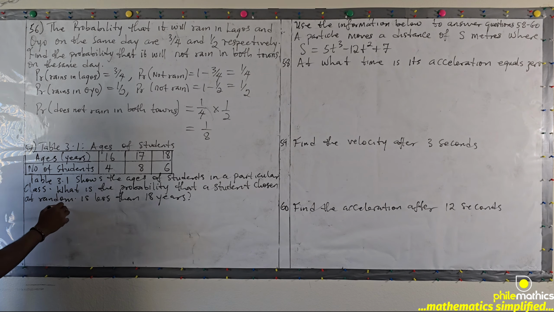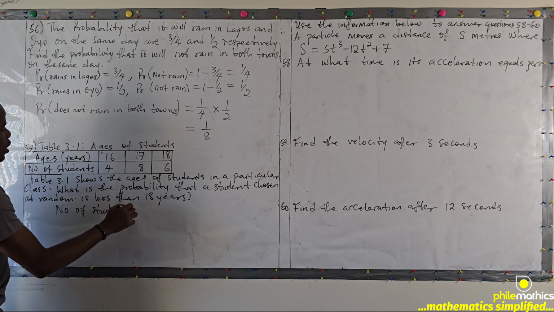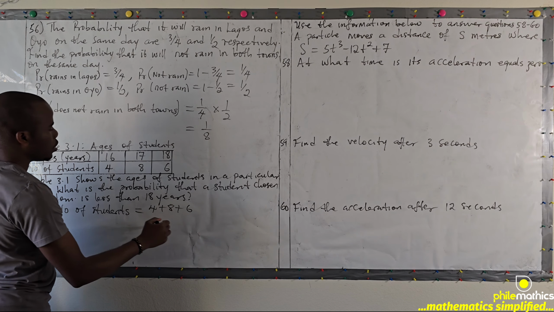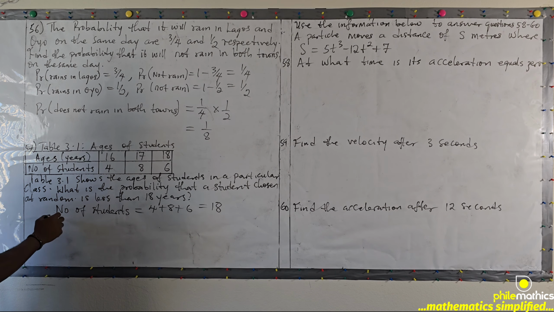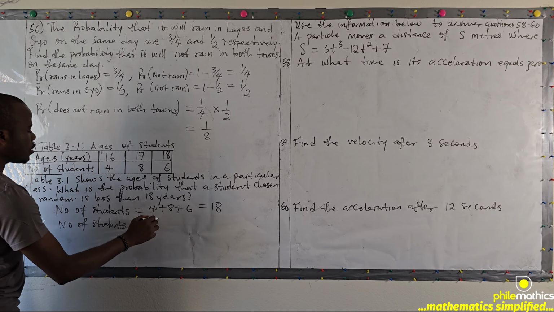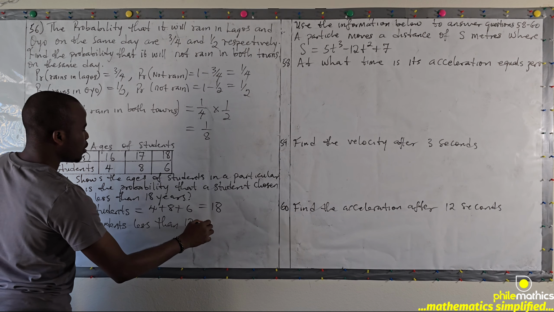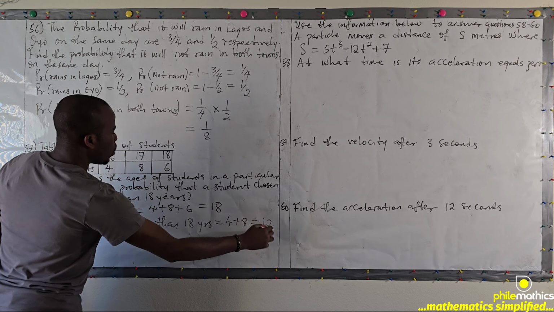Let's look for the number of students first. Number of students is 4 plus 8 plus 6. This is 18. Number of students less than 18 years is simply 4 plus 8, which is 12.